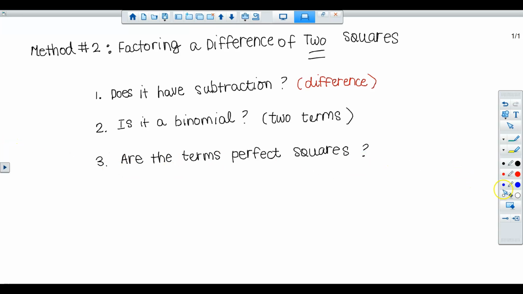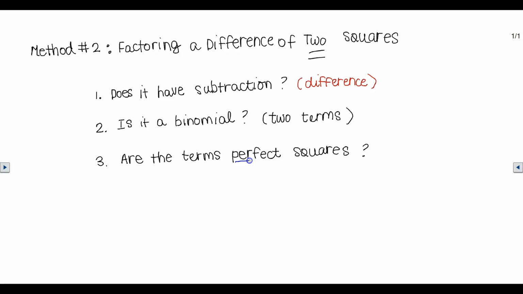Now, real quickly here, let's take a moment to review what we mean by perfect squares, because that's going to be kind of important here. A perfect square is the result of multiplying something by itself.